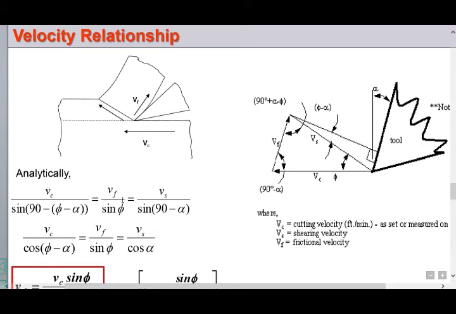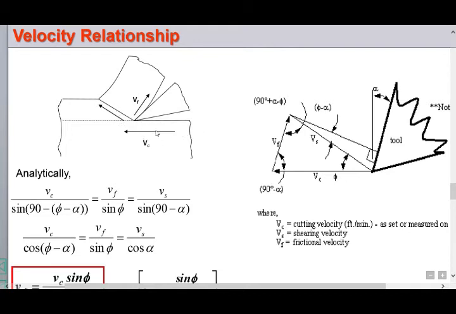Vf is the chip flow velocity relative to the tool. Vs is the shear velocity, the velocity of displacement of the chip along the shear plane relative to work.